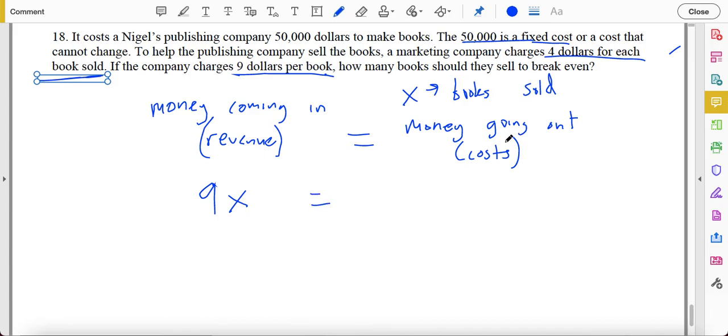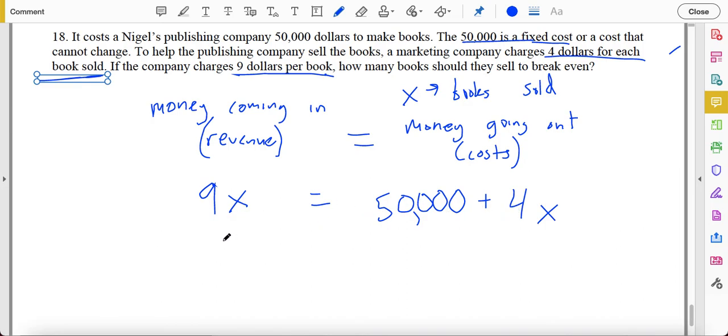So we have total cost. $50,000, that's fixed, means it does not change. So $50,000 plus $4 each book. So $4 times X. So 9X equals 50,000 plus 4X.